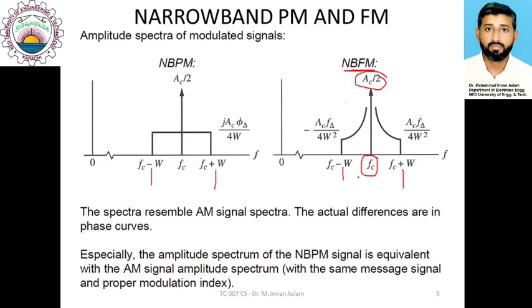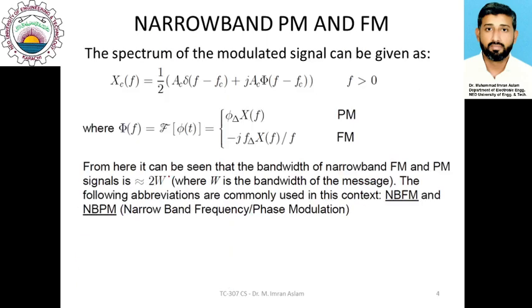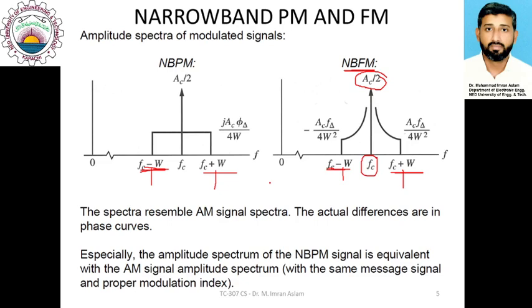You can see that the bandwidth starts from the starting value of fc minus W and ends at fc plus W. Similarly, for narrowband PM, the bandwidth starts from fc minus W and ends at fc plus W. And in both cases, the total bandwidth comes out to be 2W, as I mentioned earlier.